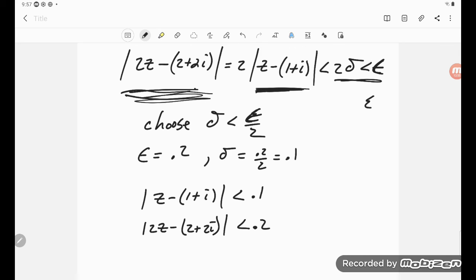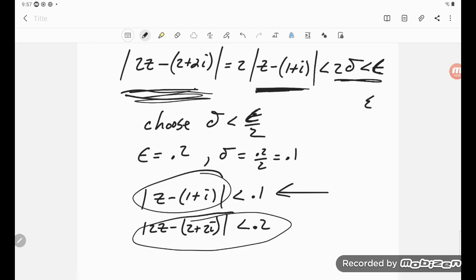By insisting that this be less than 0.1, I was able to demonstrate that we get our 2z minus w0 less than 0.2, the number you gave me.